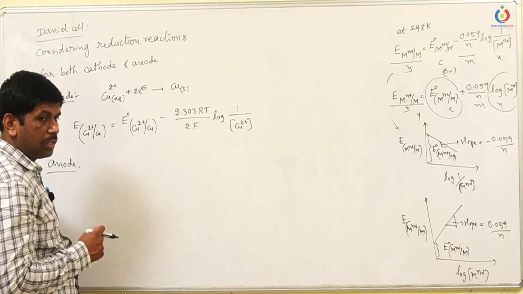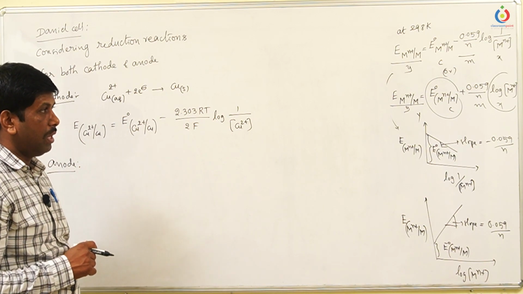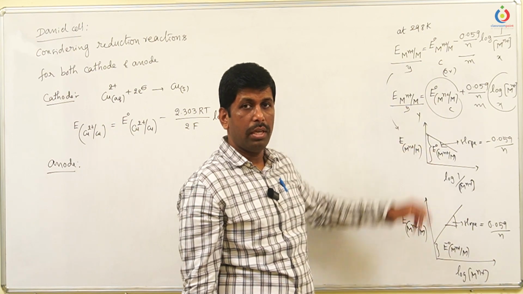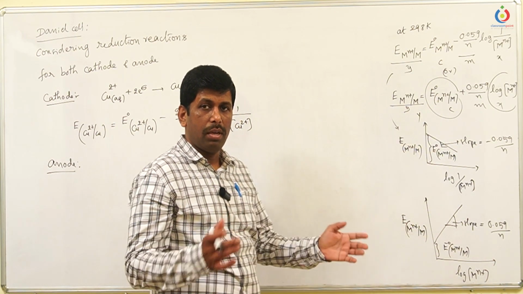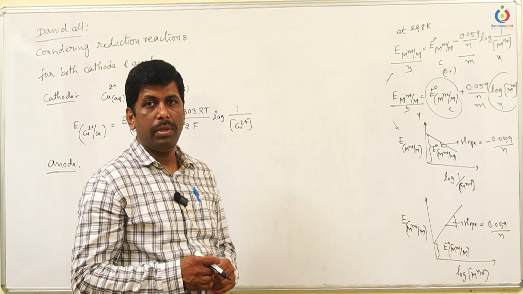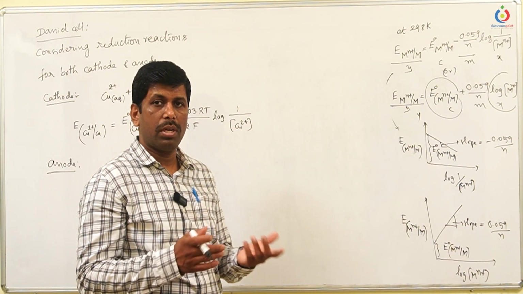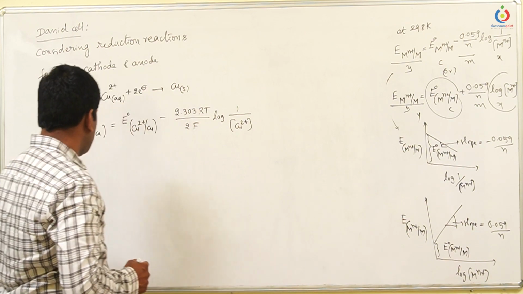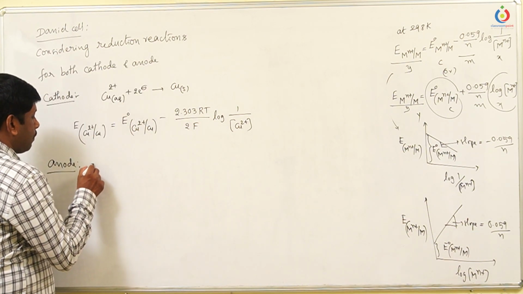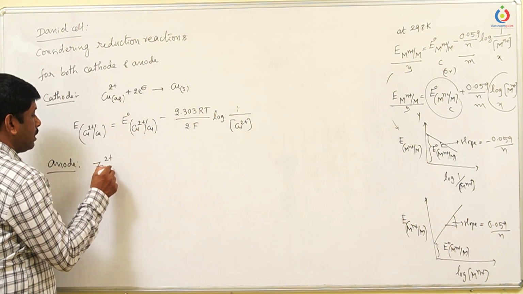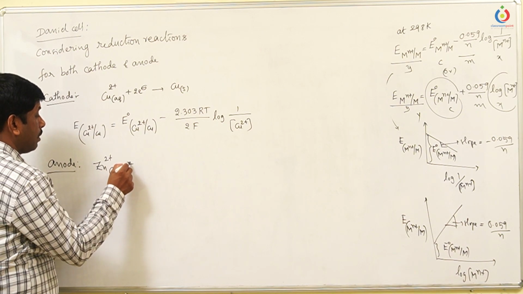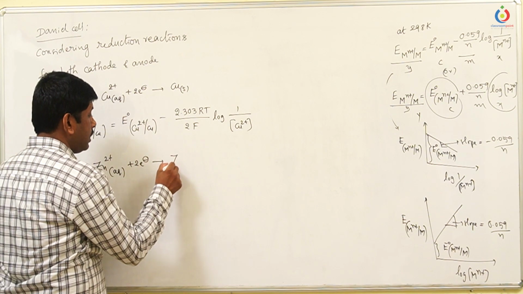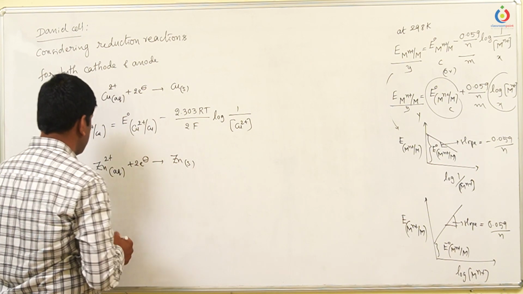The actual oxidation reaction takes place at the anode, but while calculating, the E naught part is there. When you apply it to the complete cell reaction, E naught cell means E naught cathode minus E naught anode. Both are reduction potentials only. That's why we consider the reduction reaction for the anode as well. So for the anode, Zn2 plus in aqueous form takes up 2 electrons and changes to zinc in solid state.